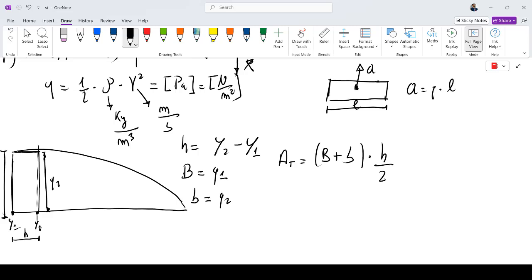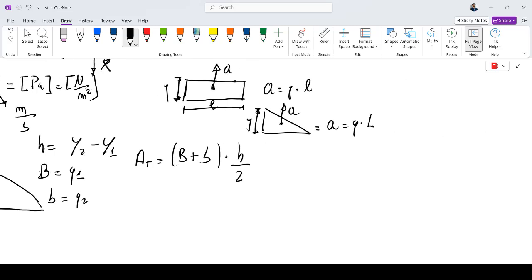And this is the area of the rectangular shape. If it is linear, the lumped load Q is equal to q times L over 2.